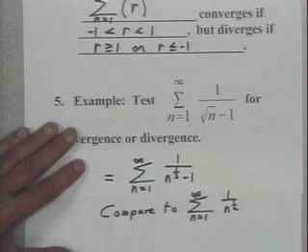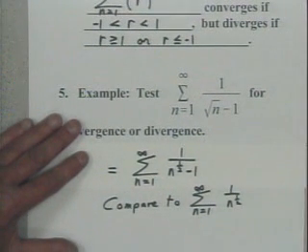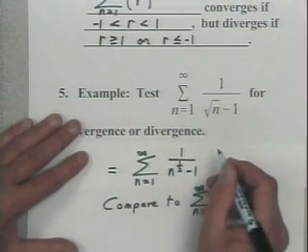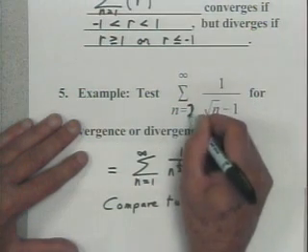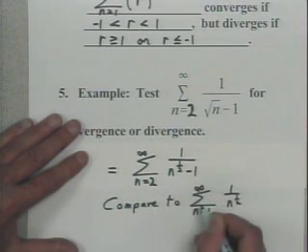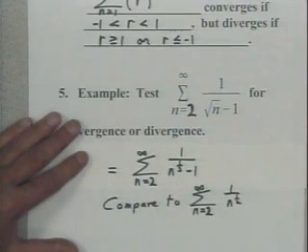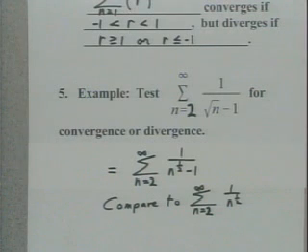Doesn't it have to start at 2? Pardon me? Doesn't it have to start at 2? Oh, does it start at 2? It better. Thank you. Yeah, that's a typo. If this doesn't start at 2, there's no hope for it, is there? Thank you. I even wrote that in my notes. I should read them more often. It says, make sure you point out to the students that there's an error here. It should be n equals 2.